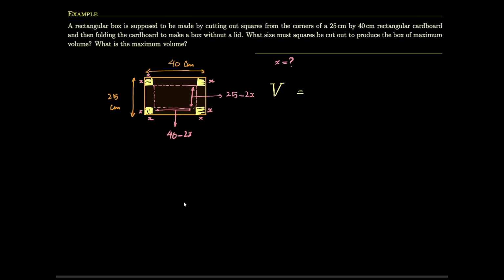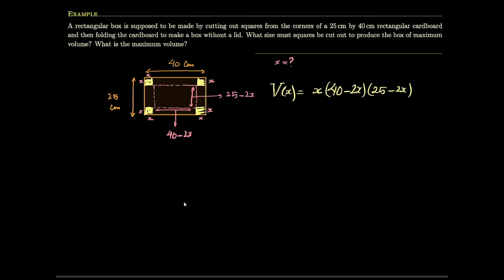If you have questions, please let me know. So what I do, I multiply 40 minus 2x by 25 minus 2x, and then by x. Then, of course, I get a function only of x. By the way, this is one of those problems where I didn't need any extra information. I just get V as a function of one single variable x.